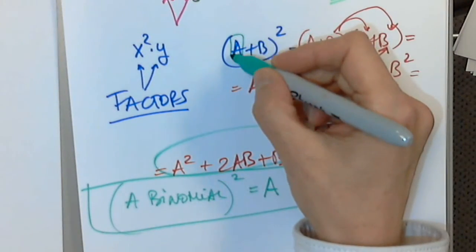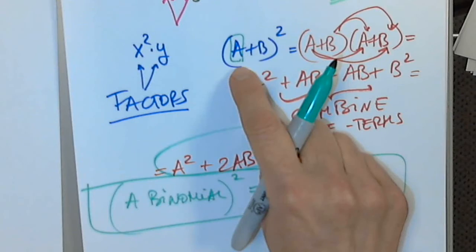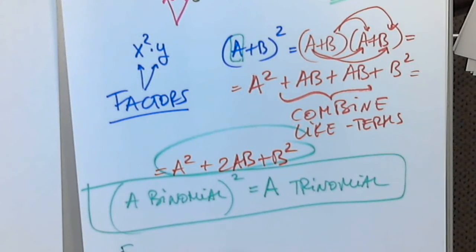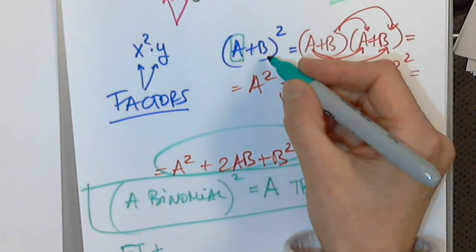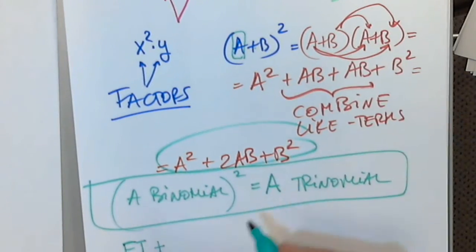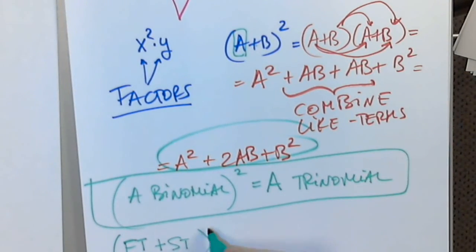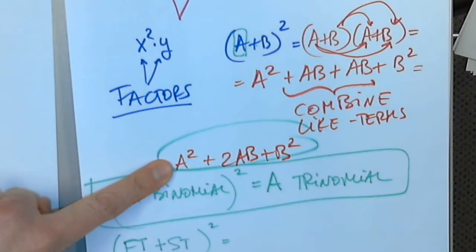So this is a term, correct? I'm going to call it the first term. Plus, this is, what do you think? Of course. And I square it. So what do I get?